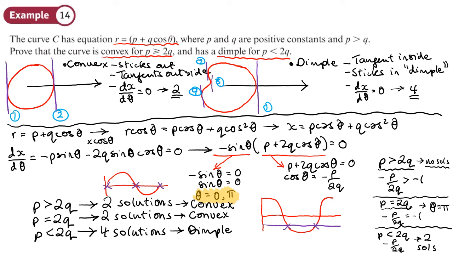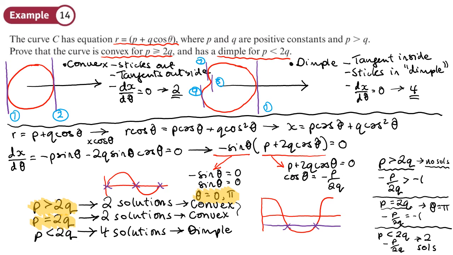Okay, so that proves the statement. So for the first two, this is where p is greater than or equal to 2q: two solutions, it's convex as we've been asked, and when p is less than 2q, there are four solutions, so it has a dimple.